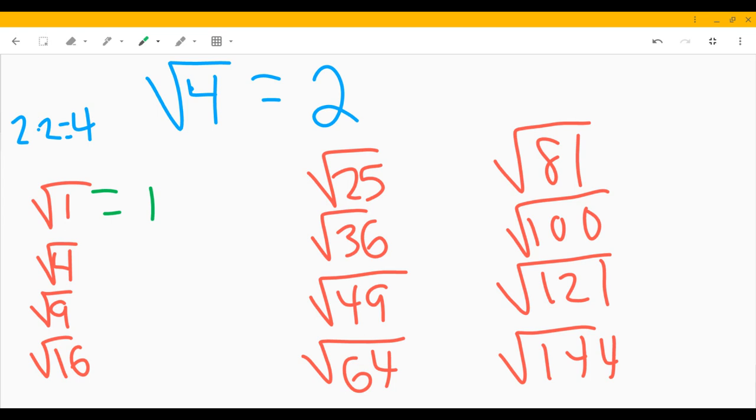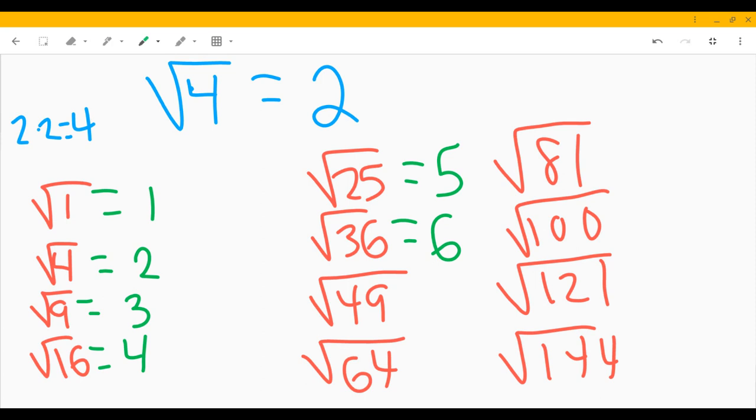We know that 1 times 1 gives us 1. We know that 2 times 2 equals 4. We know that 3 times 3 is equal to 9. We know that 4 times 4 is equal to 16. We know 5 times 5 is equal to 25. We know 6 times 6 is equal to 36.